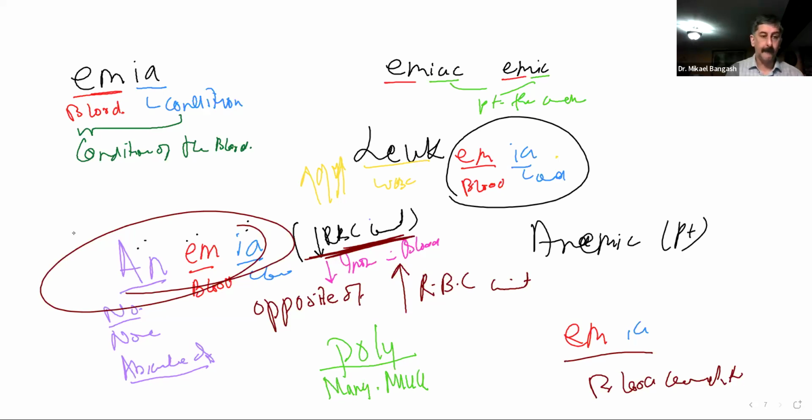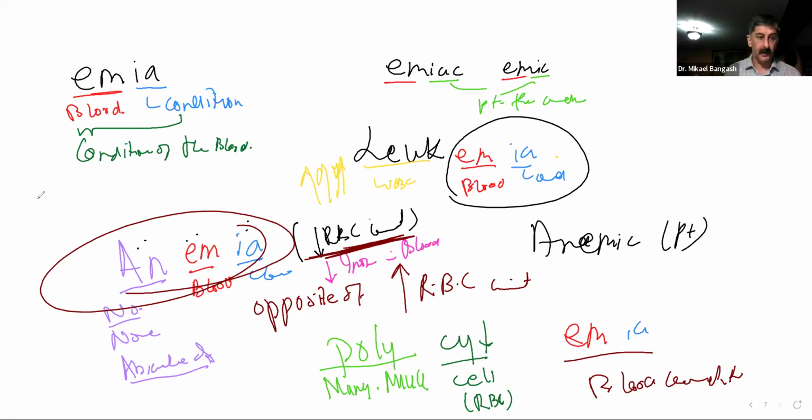And the next word in between here is going to be cyte, which is cell. But in this case, what they mainly talk about is your red blood cells. So what is going to be polycythemia?